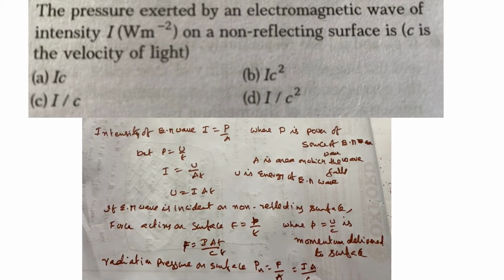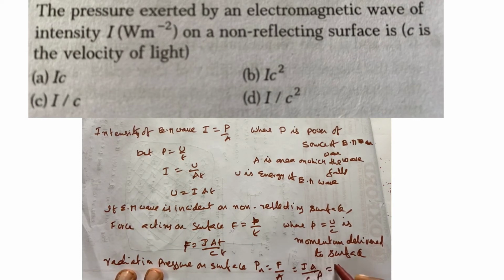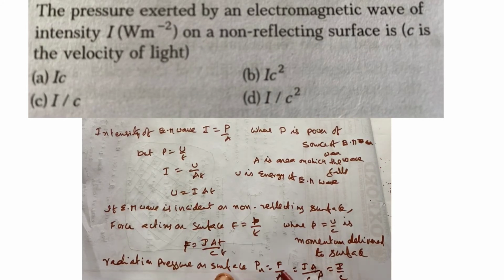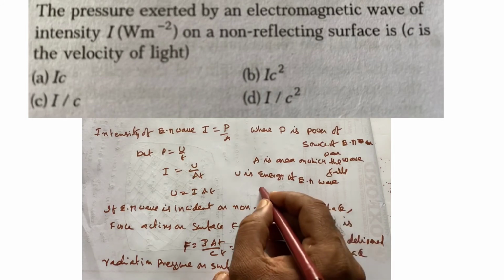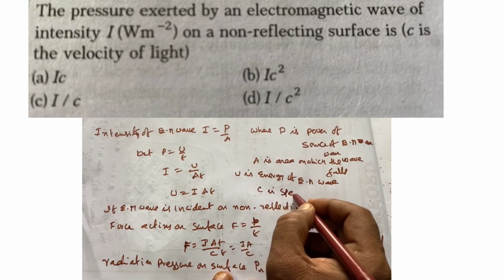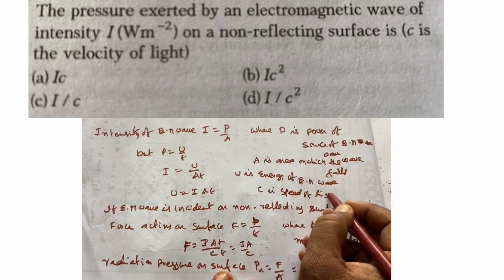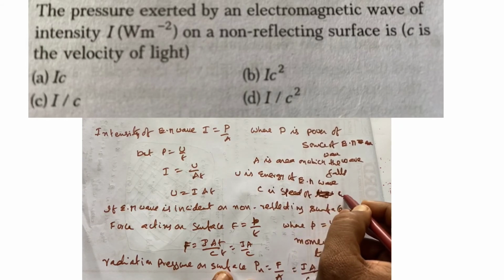Radiation pressure equals IA by c by A. A gets cancelled, so radiation pressure equals I by c, where c is the speed of light, the speed of the wave.